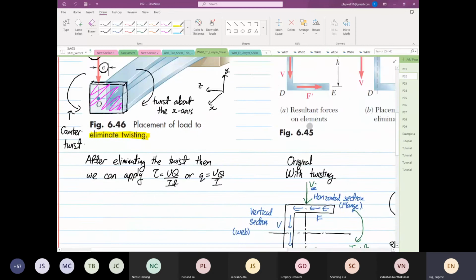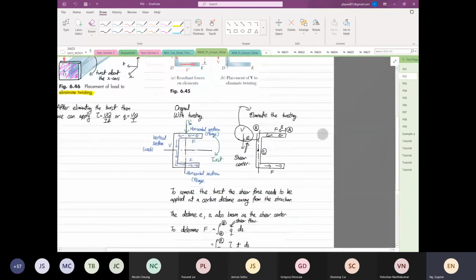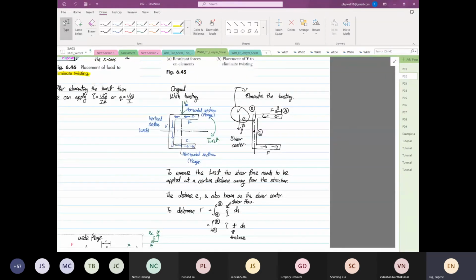Yesterday we finished off, just to recap, regarding unsymmetrical shear. What we are trying to do now, once we have unsymmetrical shear, is induce a shear center.